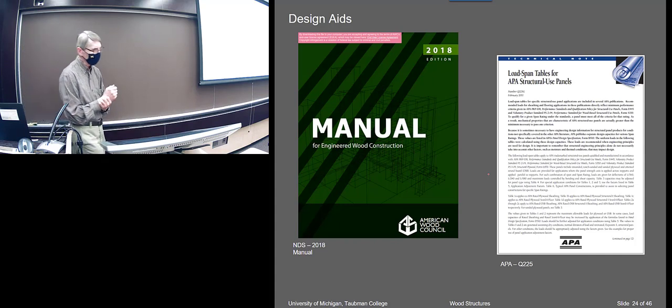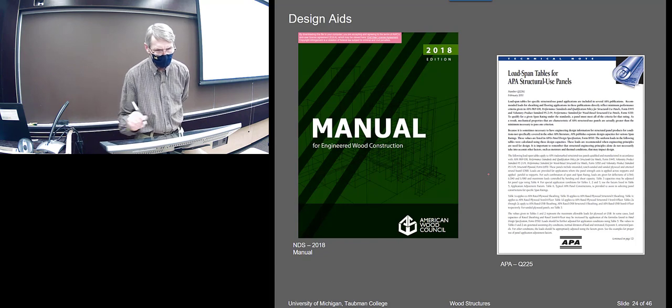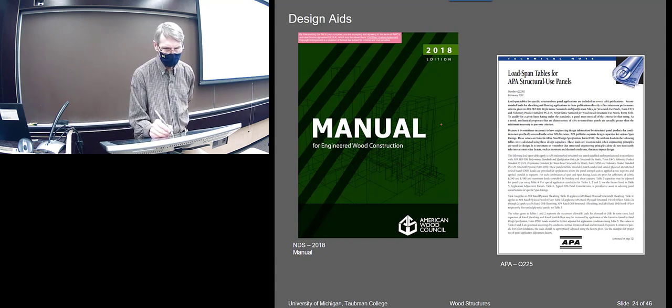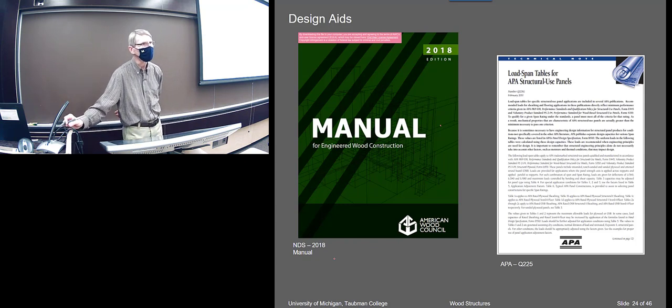Okay, there is another, oh, I forgot to bring this one up too. And I think I've got a copy of this manual up on Canvas as well. You can look. It seems like I found a PDF of it and I put it up there. The manual is primarily tables.